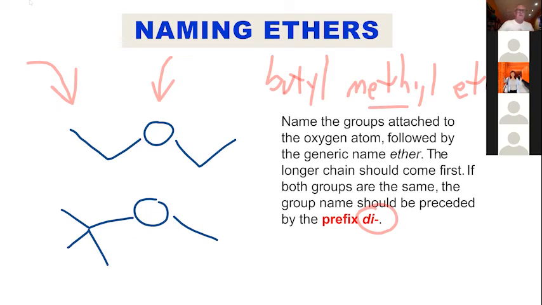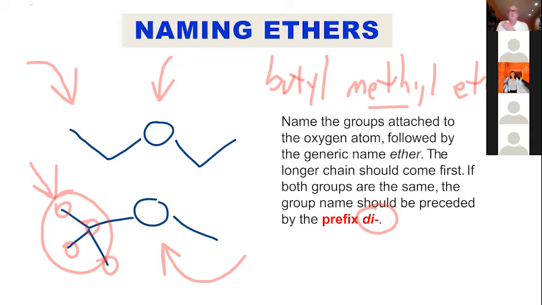What about this one? This one's tricky. This one's a very special group. We haven't really talked about it much. How many carbons in this group here? Is it 3? It's actually 4. 1, 2, 3, 4. So it's got 4 carbons.